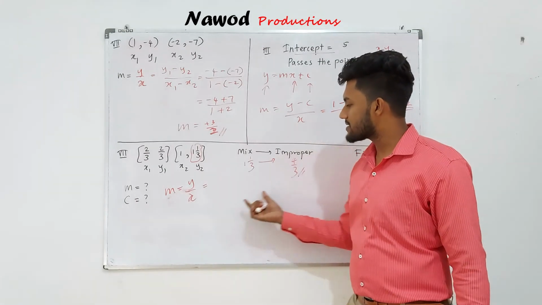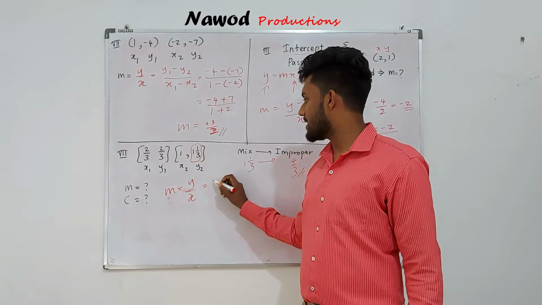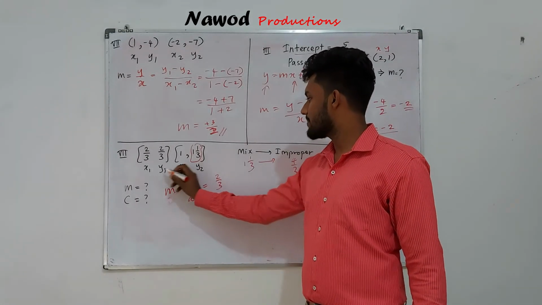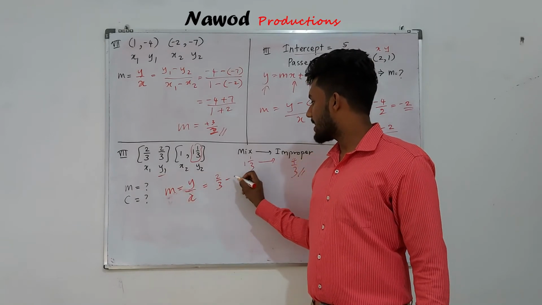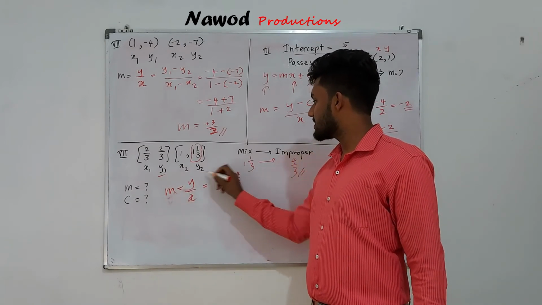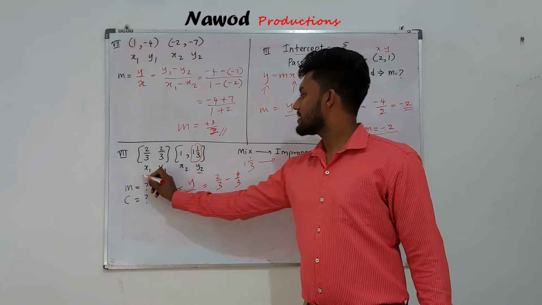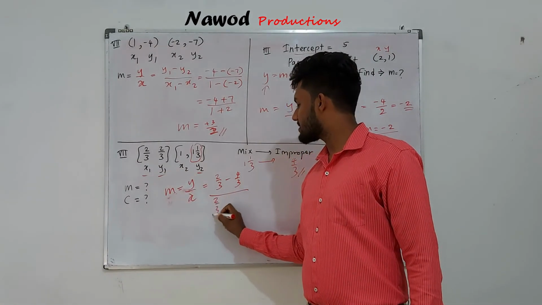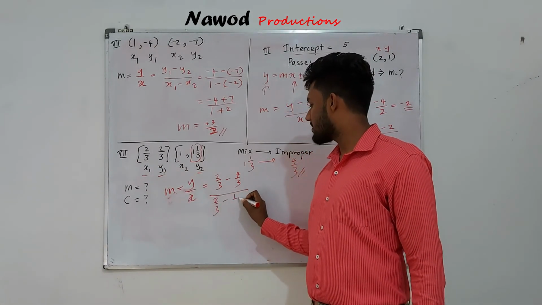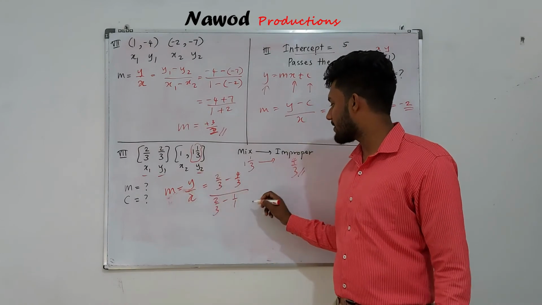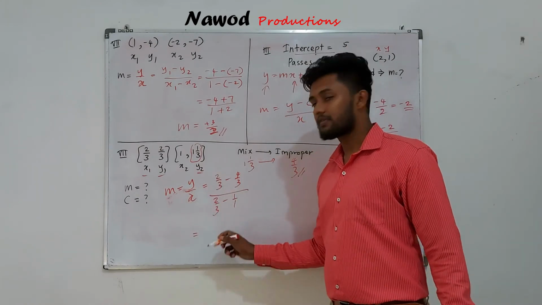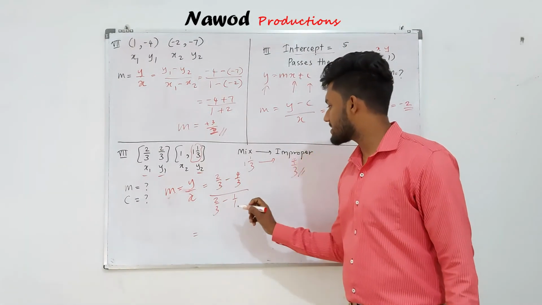Then, dear students, here the y difference is 2 over 3 minus 4 over 3. Then you get 2 over 3 minus 1 over 1. If it is 1, we have to write 1 over 1. Then we want to get the common denominator as 3.